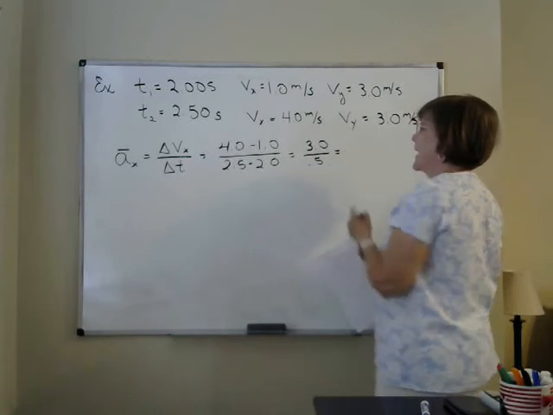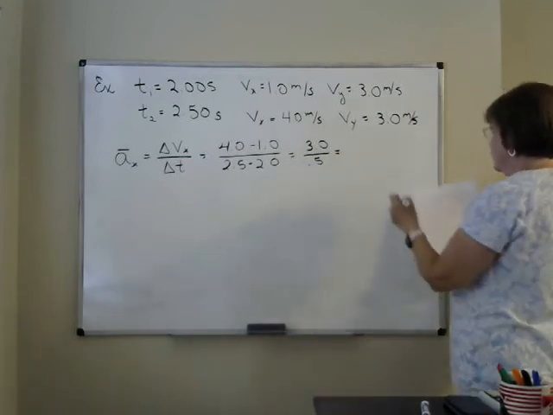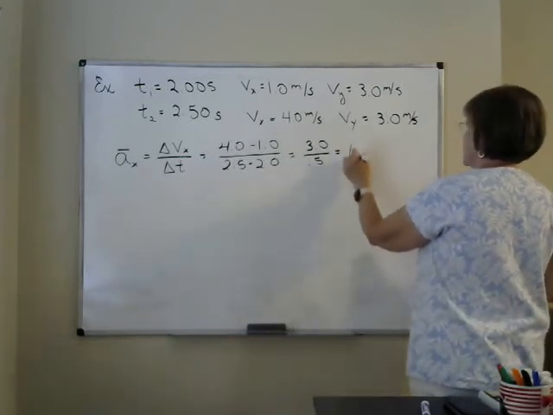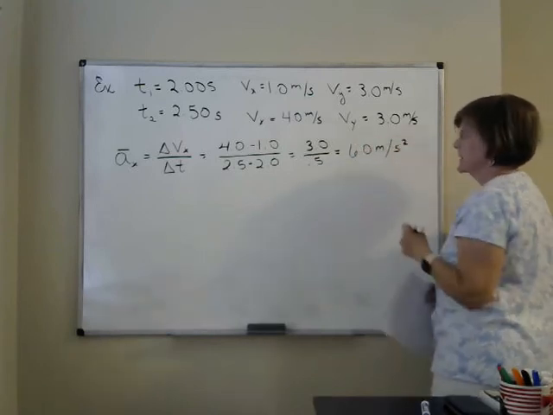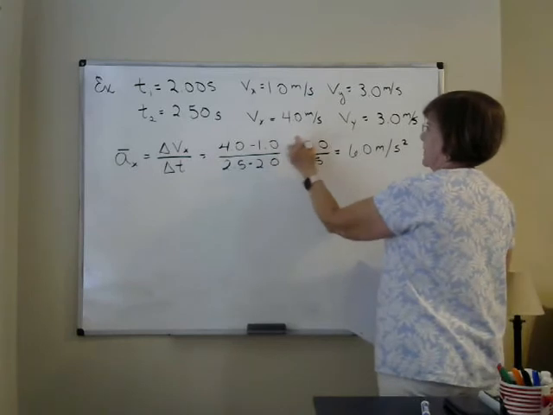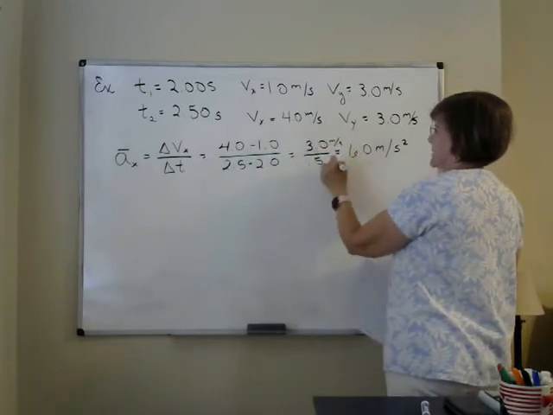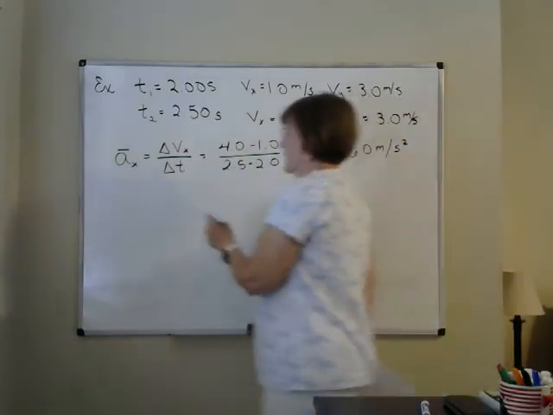And we see that the average acceleration in the x direction will come out to be 6 meters per second squared, because it's meters per second divided by seconds. However, look at y.